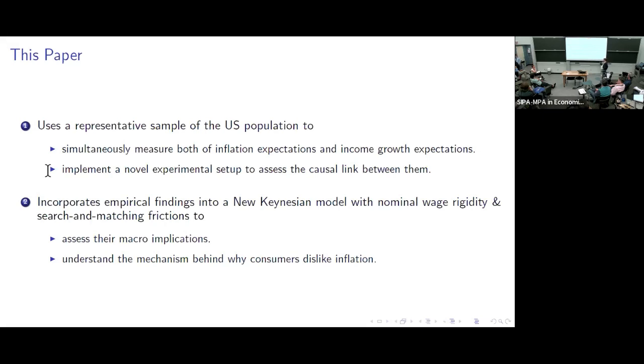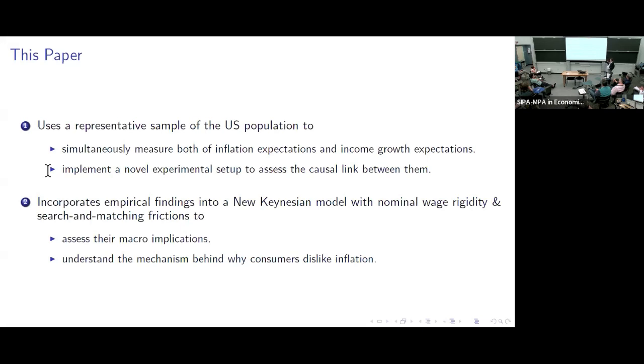In the final part of the paper, we're going to incorporate our empirical findings into a very standard, off-the-shelf New Keynesian model with nominal wage rigidity and search and matching frictions, where importantly, the nominal wage rigidity will be calibrated so that we match the pass-through from inflation expectations to income growth expectations. And I'll just say it right here as a remark that will be our only contribution when it comes to the model.